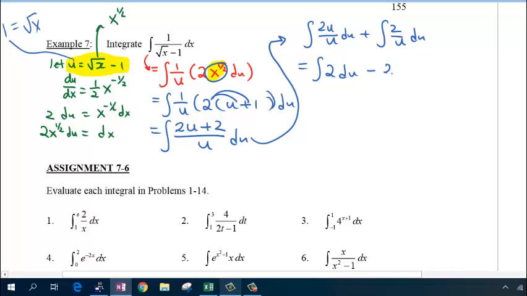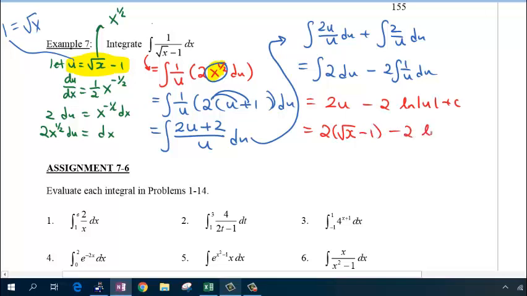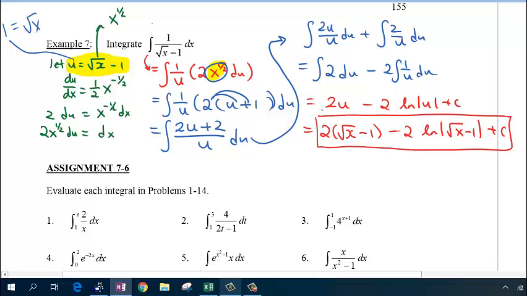The second one, I can take out the 2. Nice. Time to integrate. Time to substitute. Nice. Done.